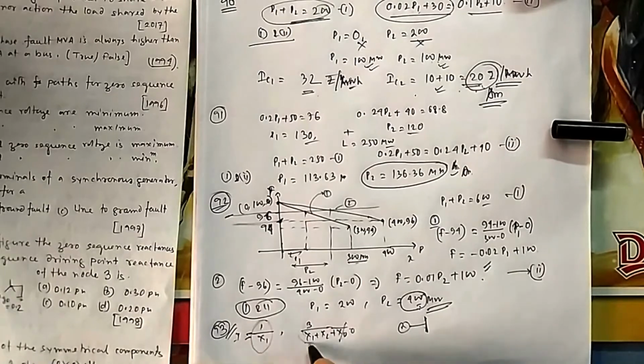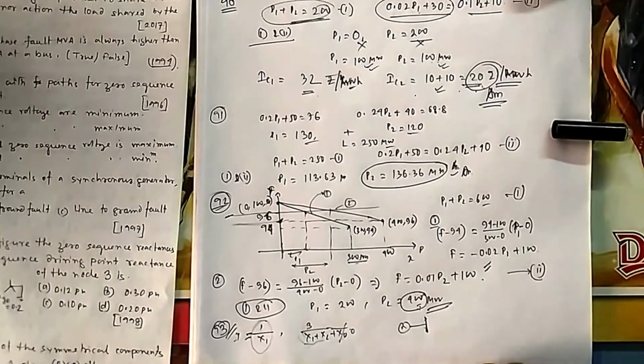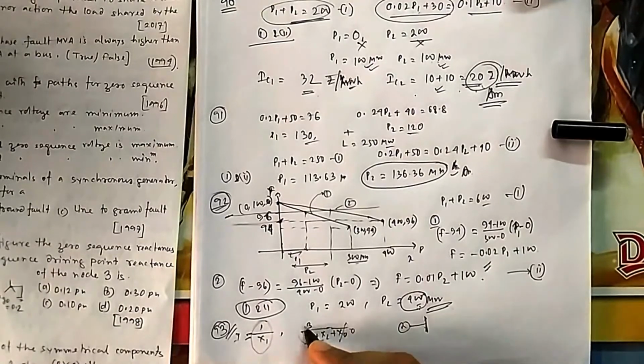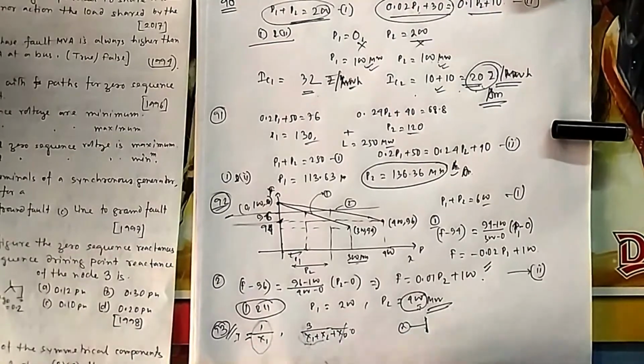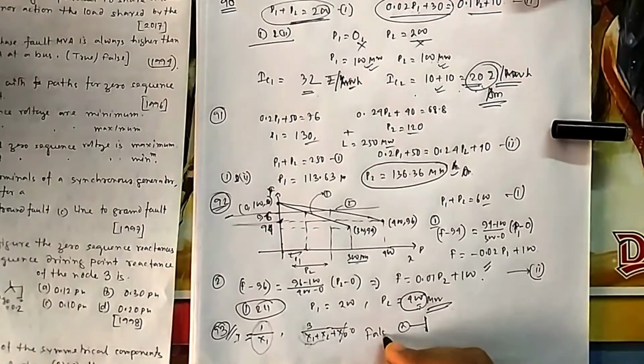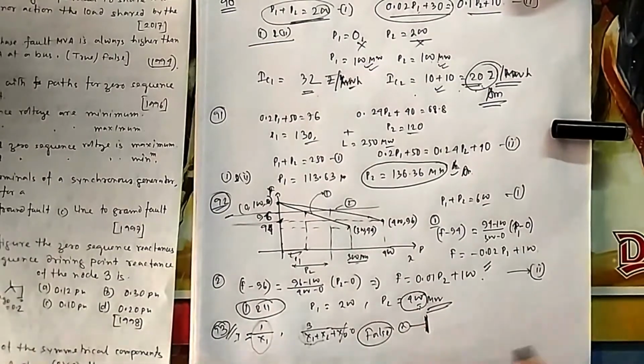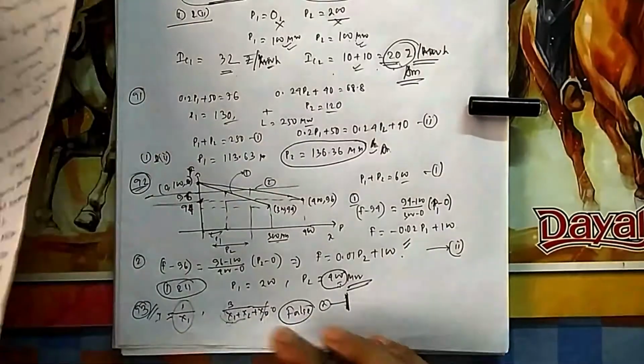So if it is negligible and x1 becomes near to x2, then you can see this is higher than this one. It will be 1.5 times 1 by x1. If it is equal, then it is 2x1, then it is 1.5 by x1, so it is only 1 by x1 and it will become 1.5 by x1. So this is not always true, so it is false. It is true in general cases, but if it is very close to a synchronous generator, you can see one example where it is not true.